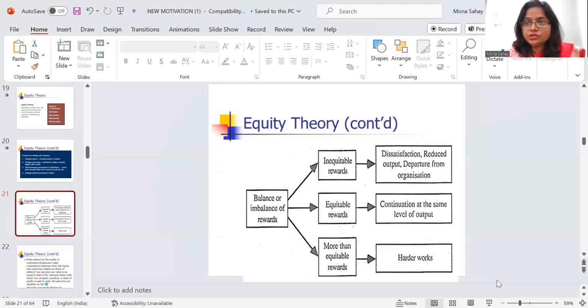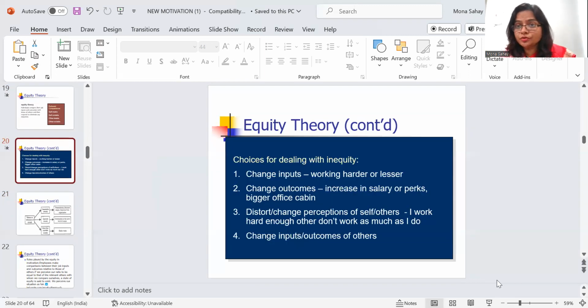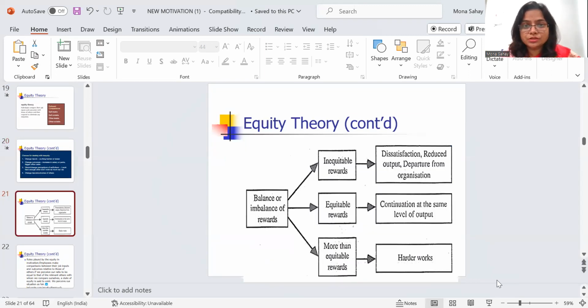That is, they will be continuing at the same level of working. And when they think that they are getting more than others, then out of that guilt and in an attempt to come out of that guilt, they will work harder. So these are the outcomes, you can say. These are the choices for dealing with these inequities.